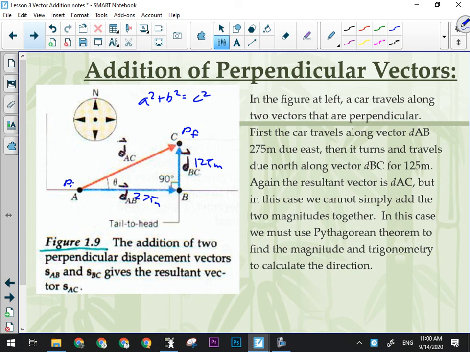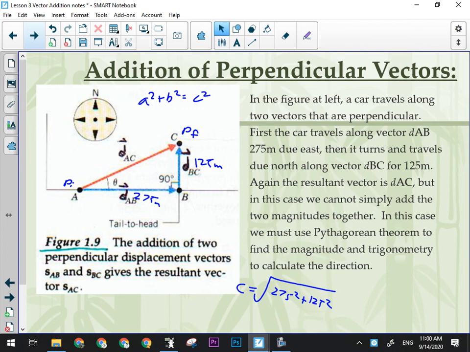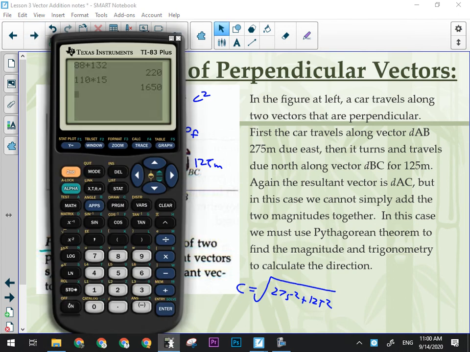I'm going to say that C equals the square root of 275 squared plus 125 squared. And that will give me the total displacement. Okay, so the total displacement is 302 meters.